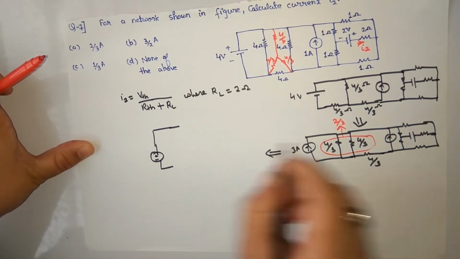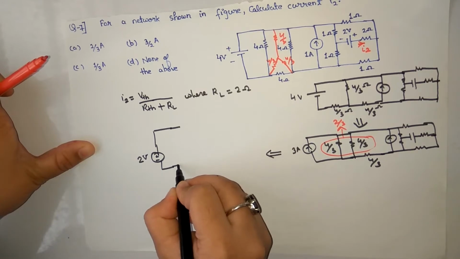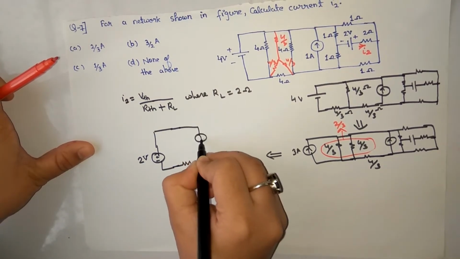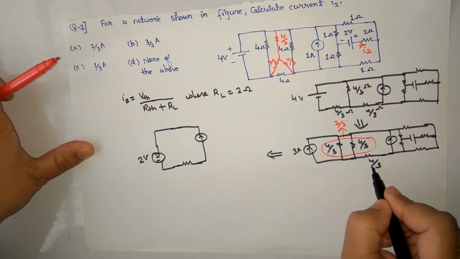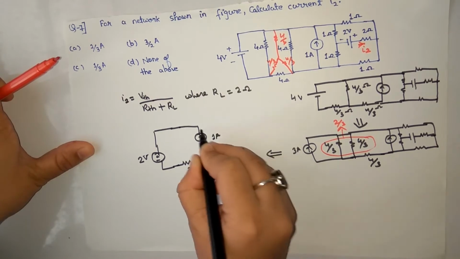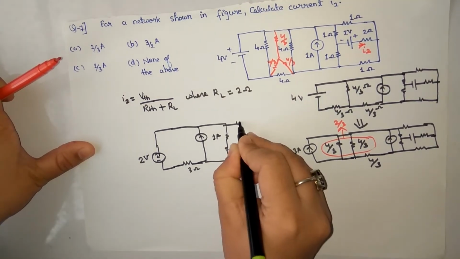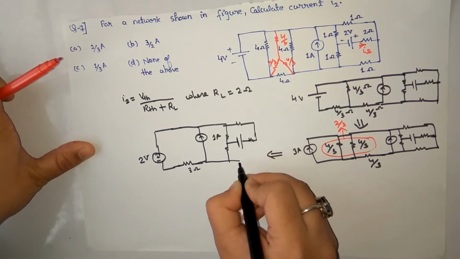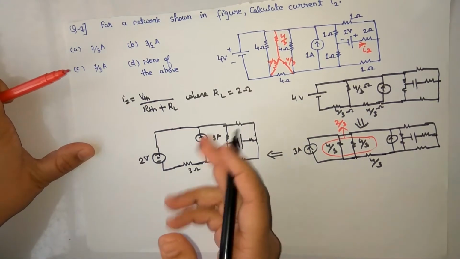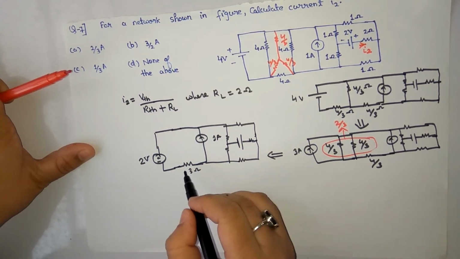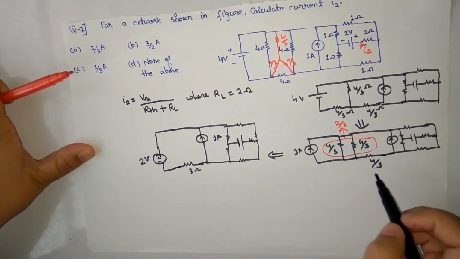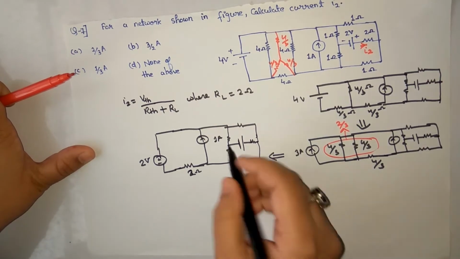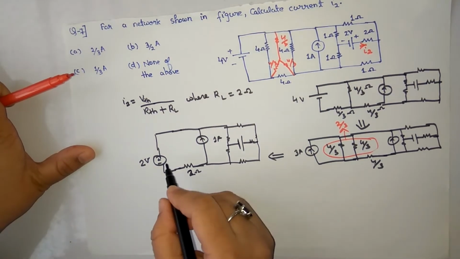I can take the voltage source as 3 multiplied by 2 by 3, this is a 2 volt voltage source, and in series with this is 2 by 3 plus 4 by 3, that is 6 by 3, this is 2 ohms, not 3 ohms. So 2 by 3 plus 4 by 3 is 6 by 3, this 2 ohms, and this is 2 volt.